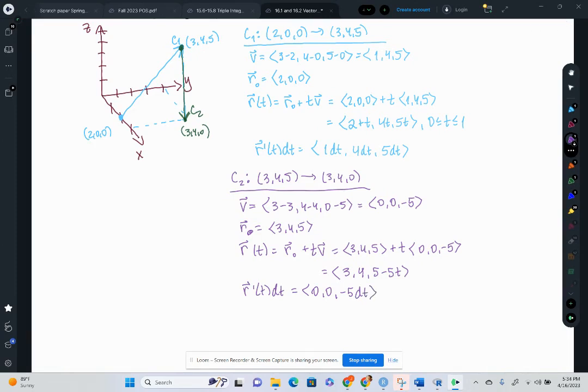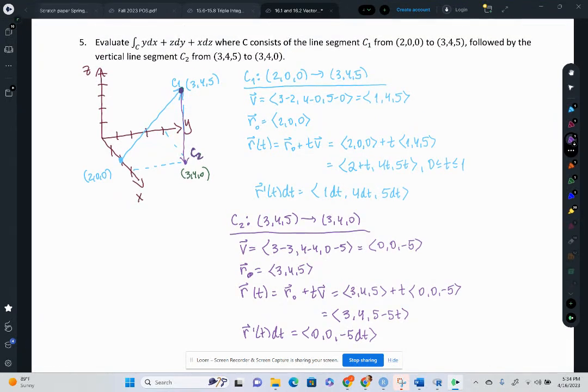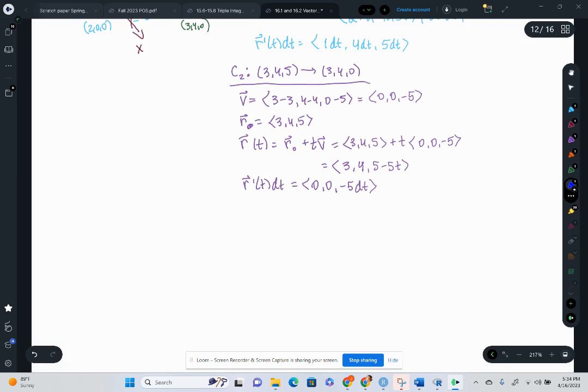Okay, so we have the two parametrizations. It looks like I used the wrong color to draw my C2. Let me change that color then to purple. Okay, so everything just kind of lines up color-wise. All right, so we have this line integral of y dx plus z dy plus x dz, and we've got to evaluate that over these two curves.